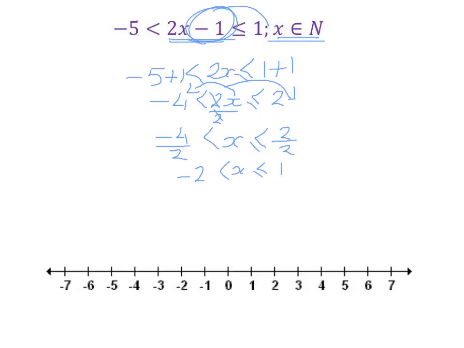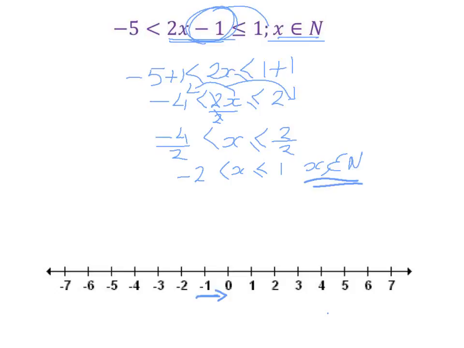Now I've got x by itself, and we say that it's the element of natural numbers. I can plot this on the number line. To do that, I can read the sentence. x is greater than negative 2. Well, the numbers greater than negative 2 are here. They start there. Those are getting bigger. Those are the numbers greater than negative 2.